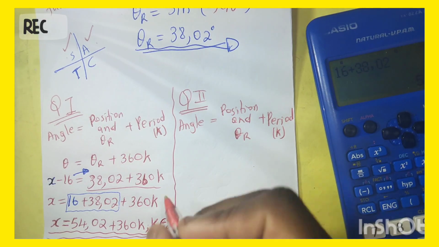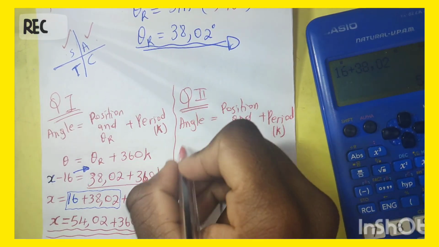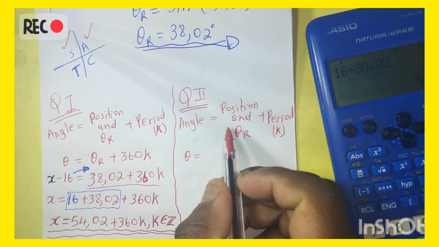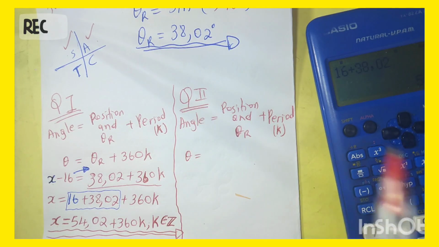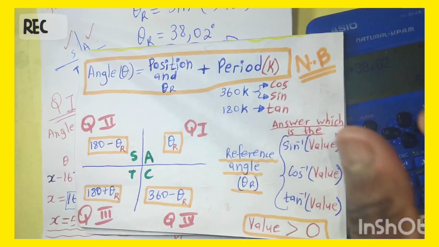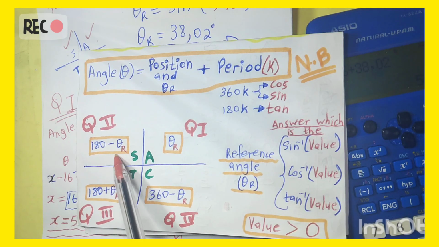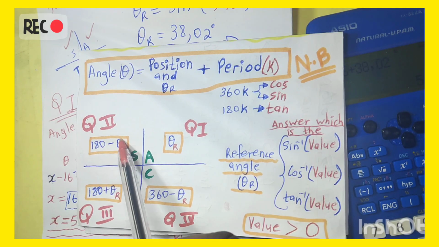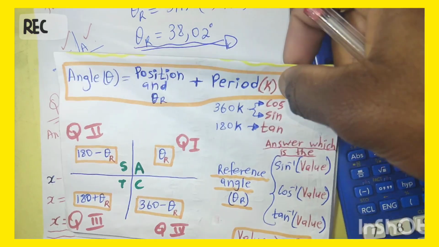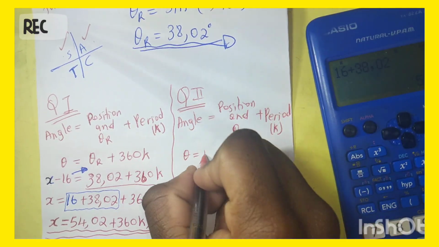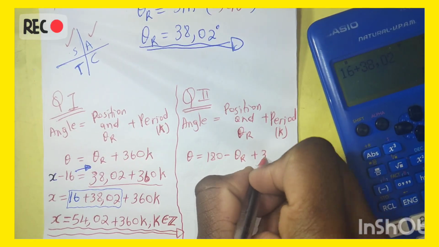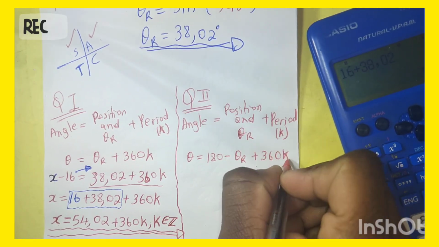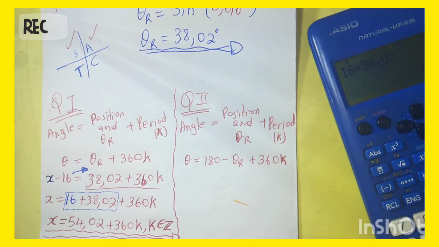So the symbol for the angle is this one, but if I'm looking for the position and the reference angle on the second quadrant, it is that information there. Position and the reference angle on the second quadrant, meaning that thing there is just 180 minus this, and plus 360k. You say 360 because it's sine.